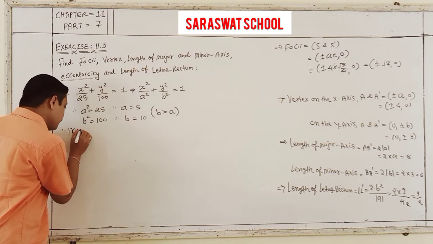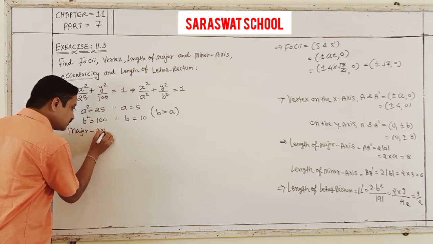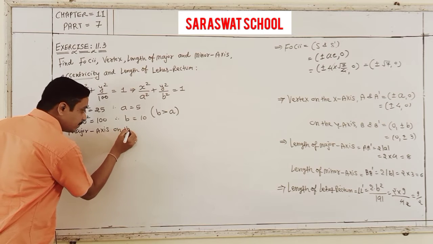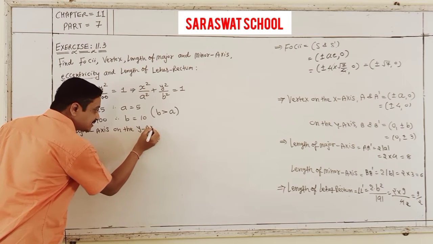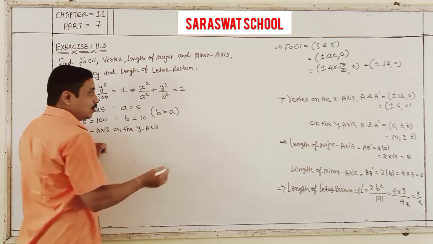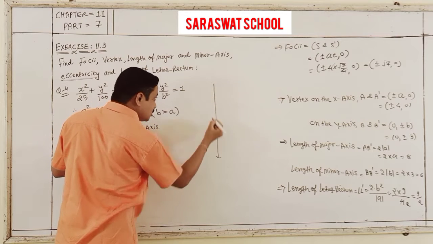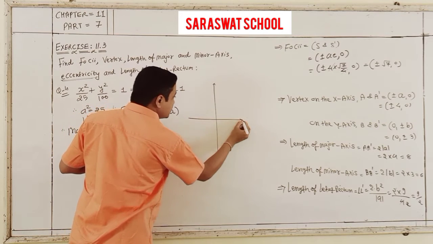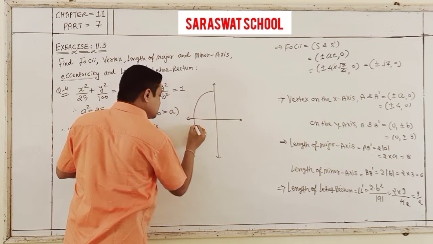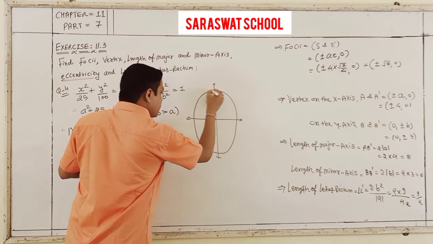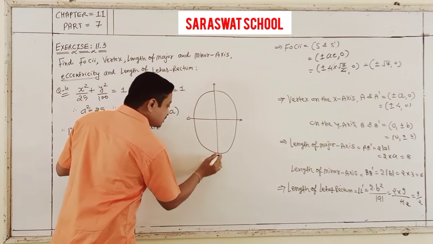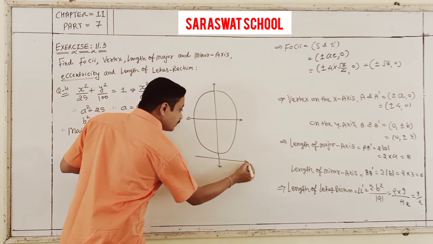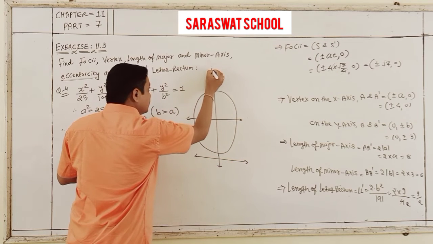Therefore, the major axis is on the y-axis. And on the y-axis, you just draw the drawing related to our axis. This is the major axis ellipse. Yes. Here the directrix is also drawn. This also has a directrix available.